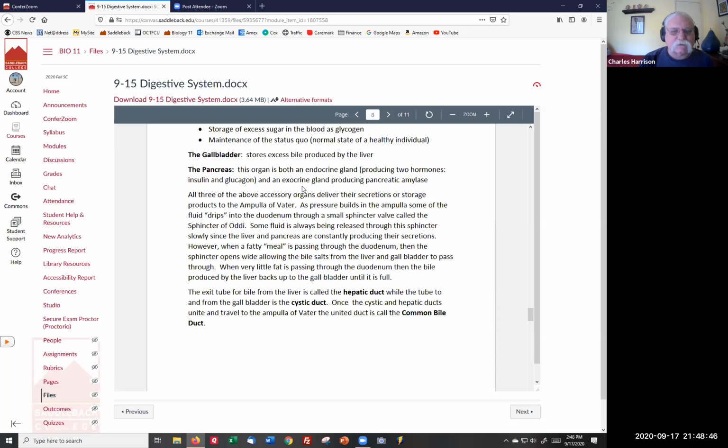Now, in an exocrine gland, like the pancreas also, the exudate, the fluid that is produced, in this case usually an enzyme, is pushed into a duct and taken not to the entire body, but to a specific location. In this case, it's going to be to the duodenum.